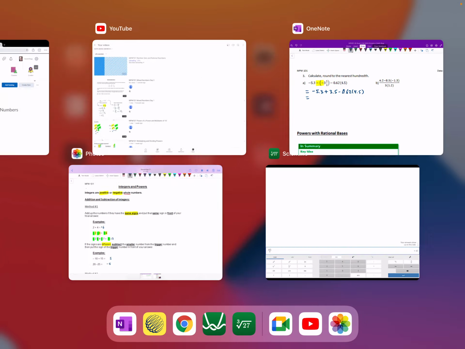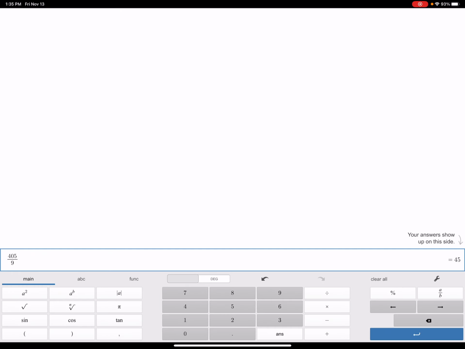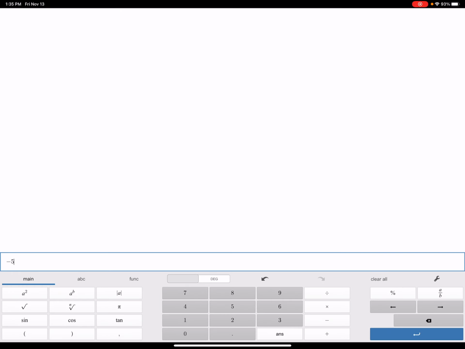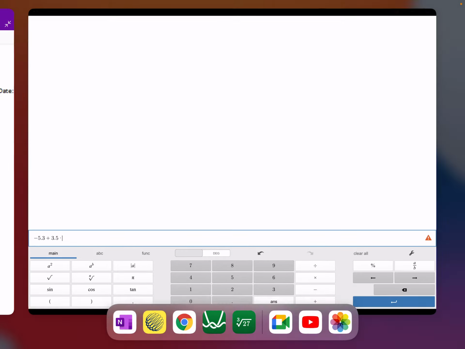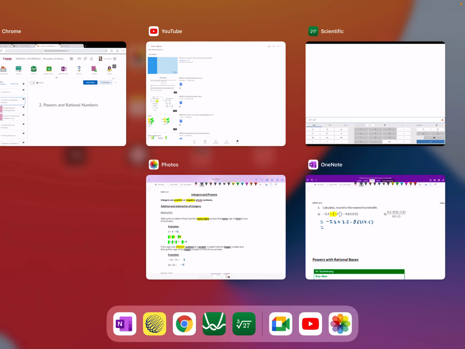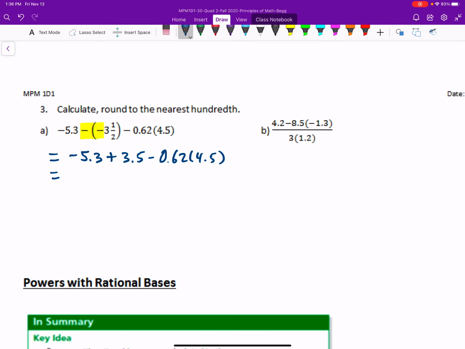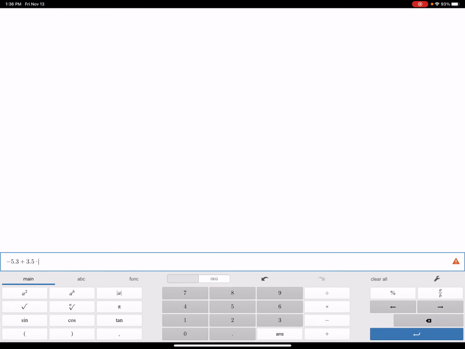So negative 5.3 plus 3.5 times something, minus 0.62 times 4.5. All right. And I got negative 29.7.